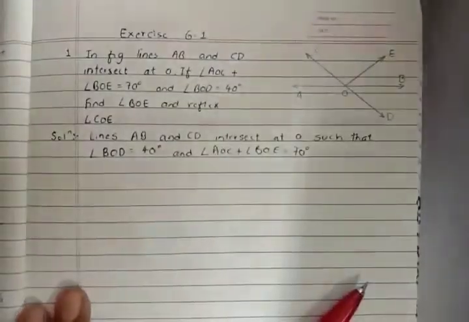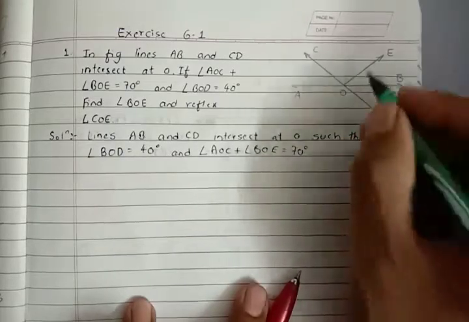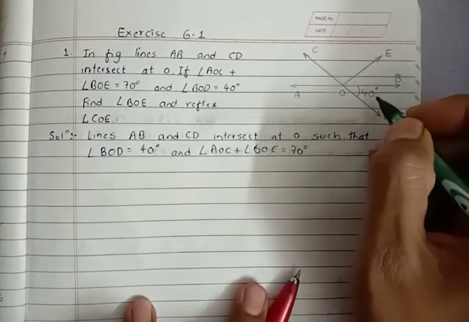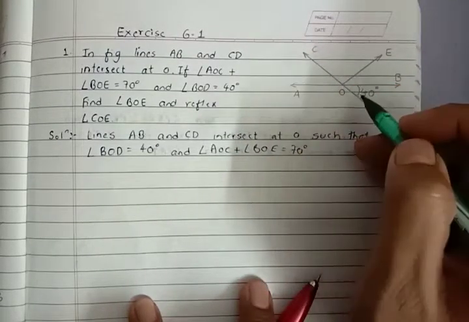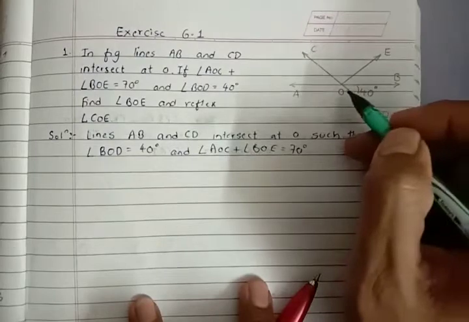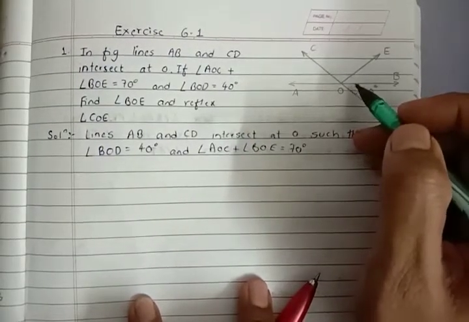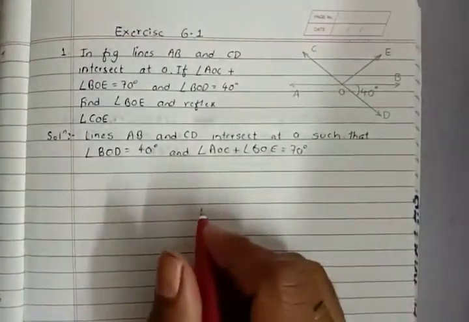Right? This information is given. Angle BOD is how much? It is 40 degrees and angle AOC plus angle BOE is 70 degrees. So we wrote down the information which was given.